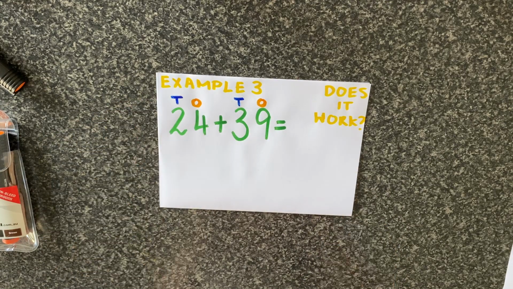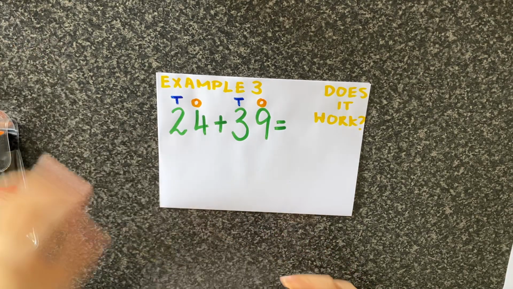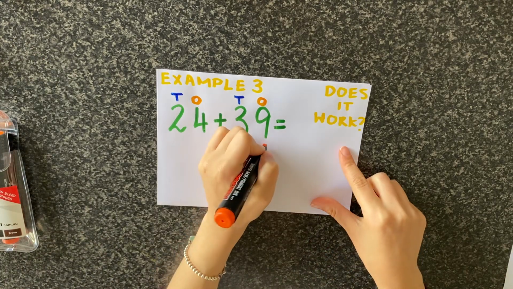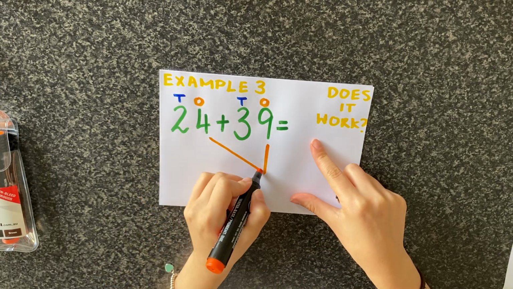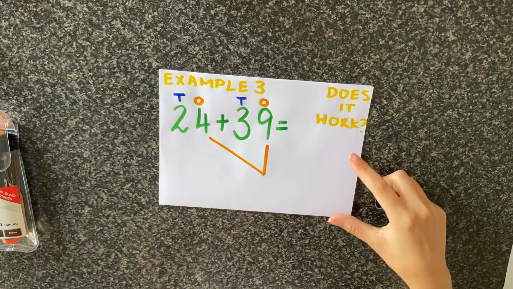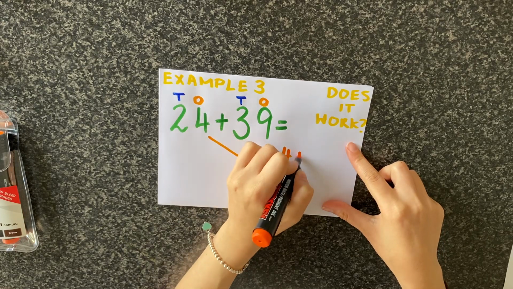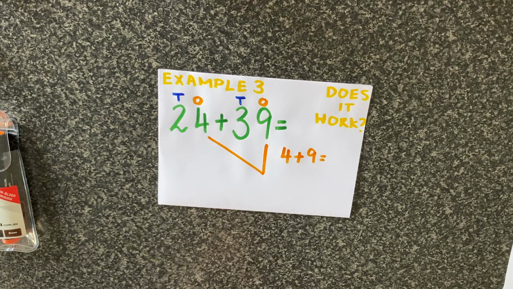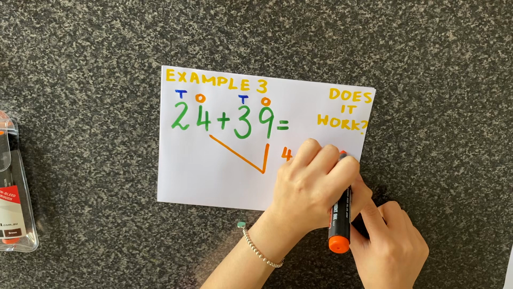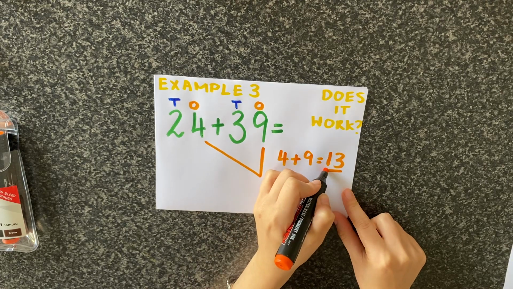Ones, ones, tens, tens. I'm going to start with my ones. I'm going to draw a line straight down from my 9 and join both of my ones together. We've got to do 4 plus 9. Have a think about what 4 plus 9 equals. Gives us 13. Now that's a 2-digit number.